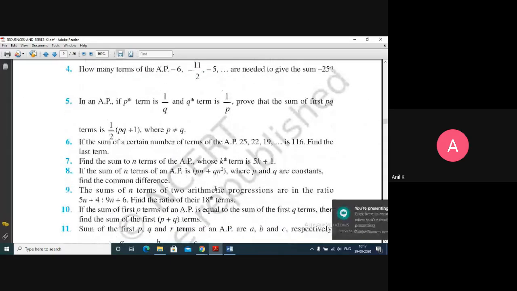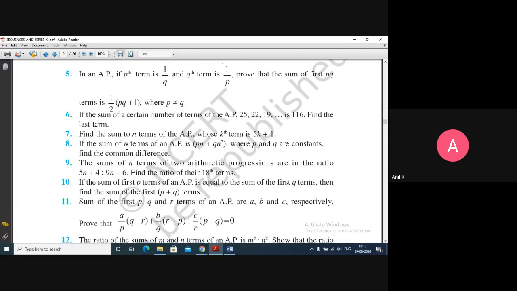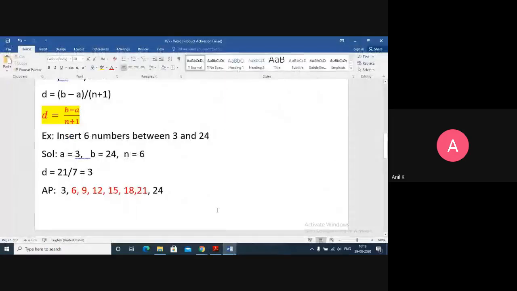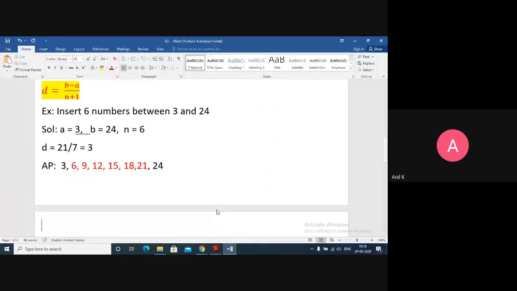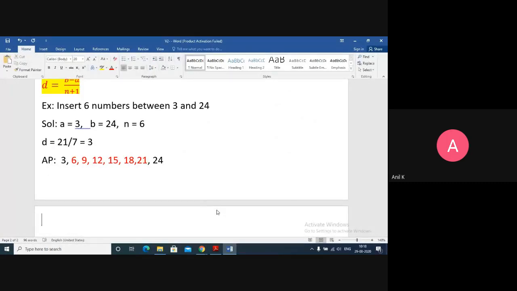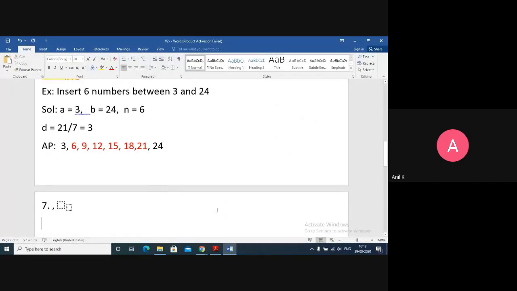So our exercise. I assume everybody got the fifth question. The sixth question is also given as homework. The seventh question I will go through: find the sum of n terms of an AP whose kth term is 5k plus 1. I think this is also easy. So the seventh question we are solving.